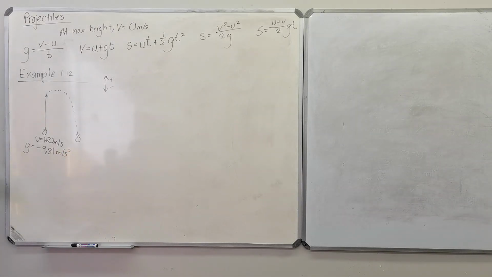Now, how do we answer this question? This is how you would do it. What's the question? Calculate the maximum height that it would reach. So for A, they want you to work out the maximum height. From what they told you, what do you know?